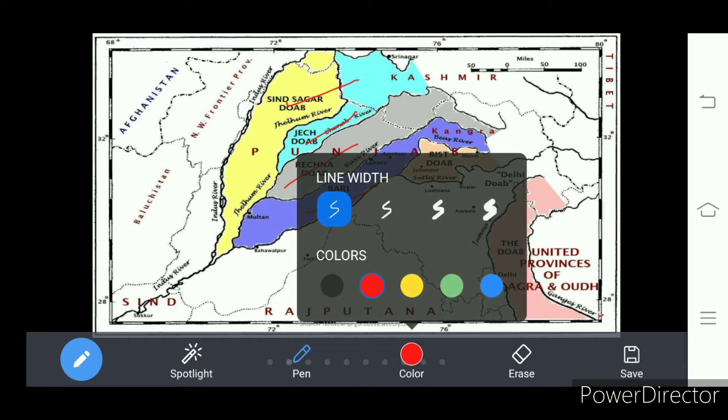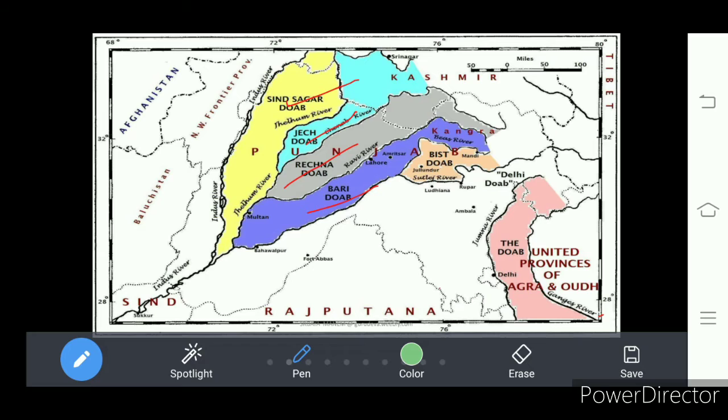See, this is one river, Satluj, and here it is Bias. In between that, this fertile land is what we call a Doab. So here, Doab features exist between the two rivers.